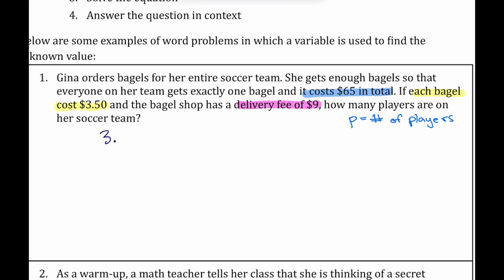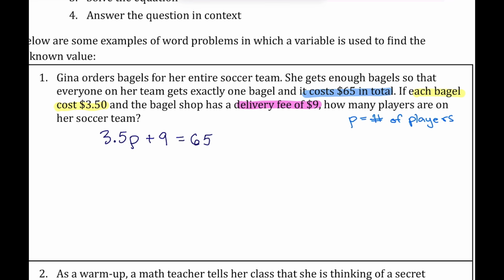So the way we'd write that mathematically is 3.5P. The next thing we want to consider is that there's also that delivery fee that needs to be added on. So after 3.5P, we're going to write plus 9. And then that is going to represent the total cost of the bagels and the delivery fee together. And we know that that total cost is $65. So we're going to set that equal to 65.